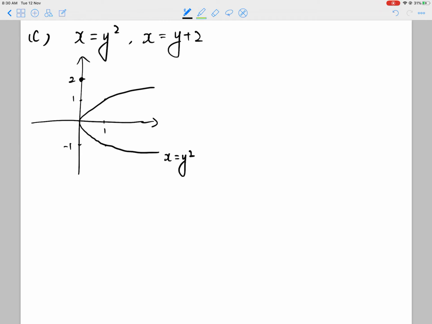When x is 0, y is negative 2. When x is 2, y is 0. So you connect these, and you have this region.